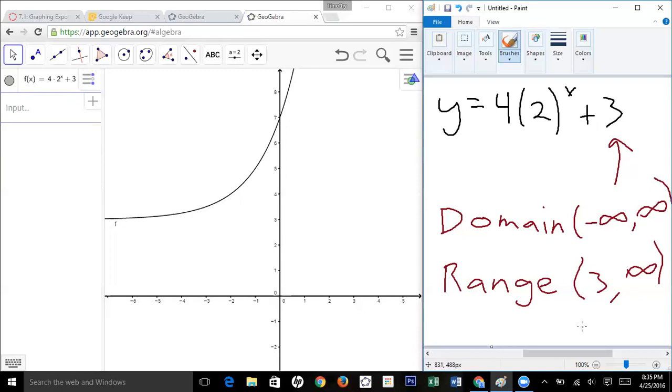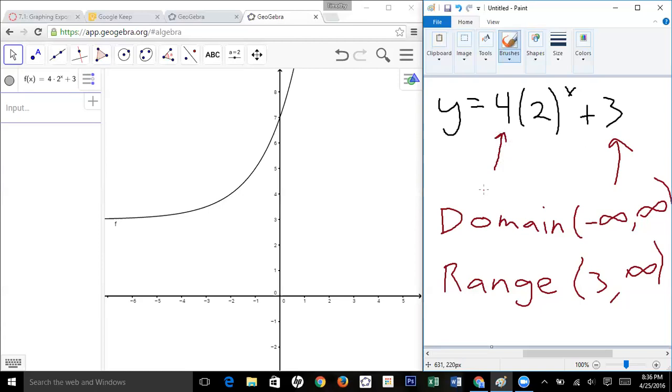Now the nice thing about exponential functions in their basic form like this, we're always going to have domains of all real numbers. What allows us to determine the range is a combination of the asymptote, which in this case was at +3, and our coefficient out here, the 4. Since this 4 was positive, we can tell that our graph is above the horizontal asymptote.